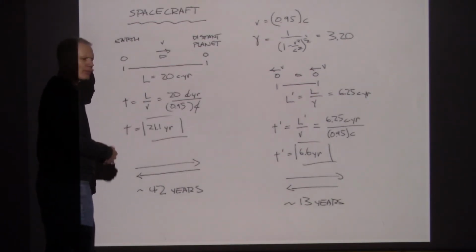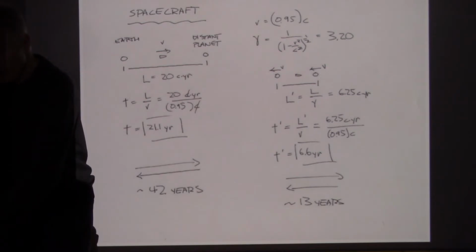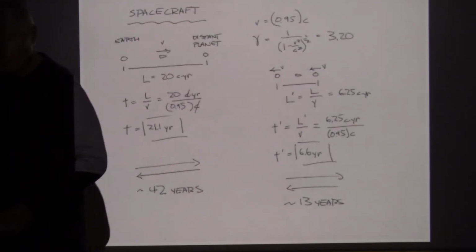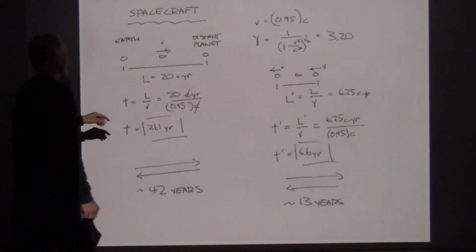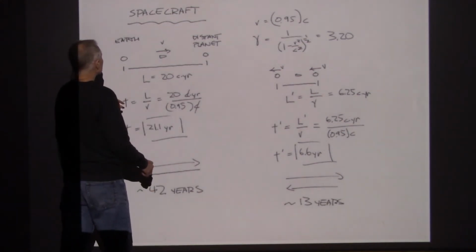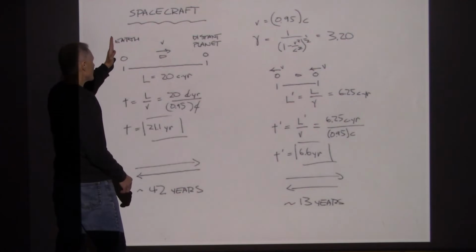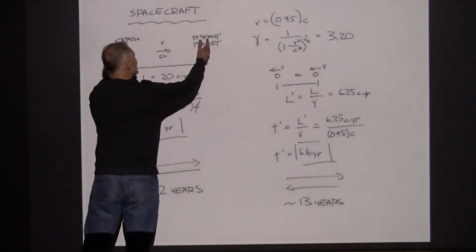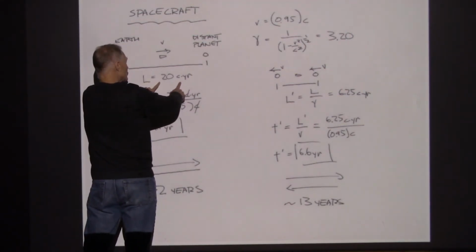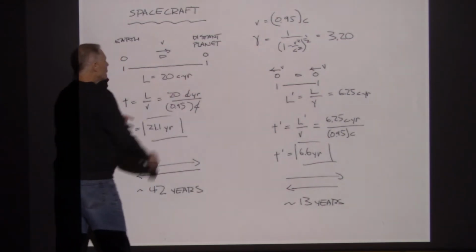So in the reference frame of the Earth and the distant planet, let's say that there's 20 light years of distance.